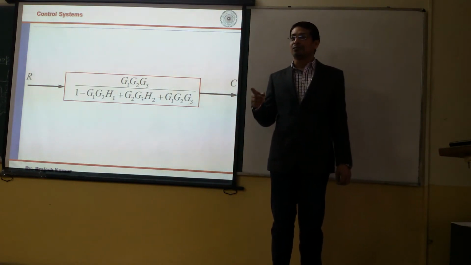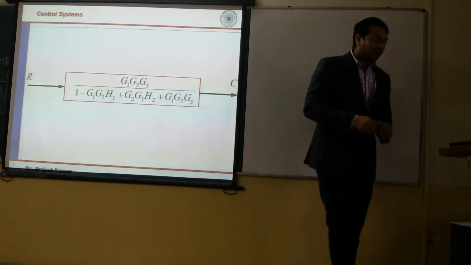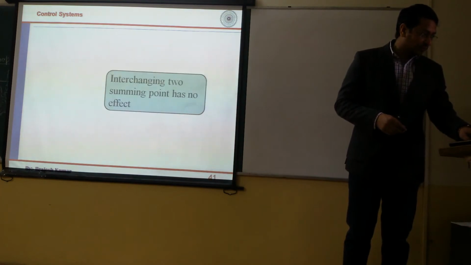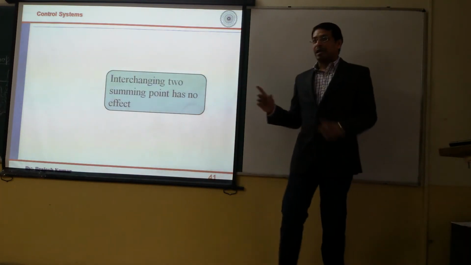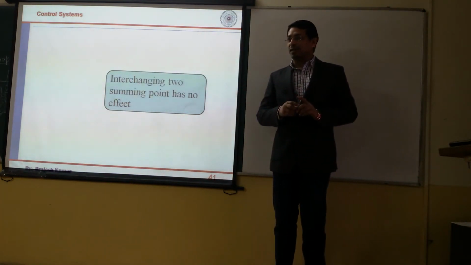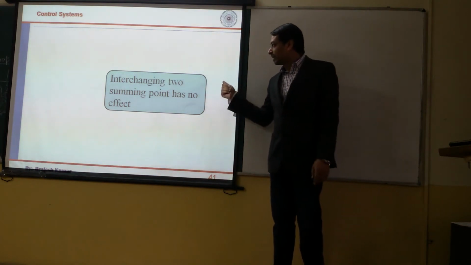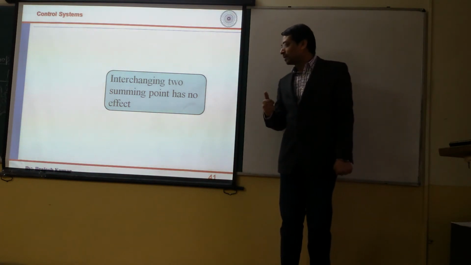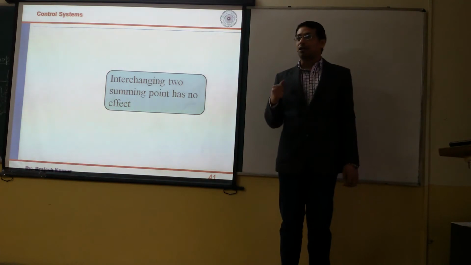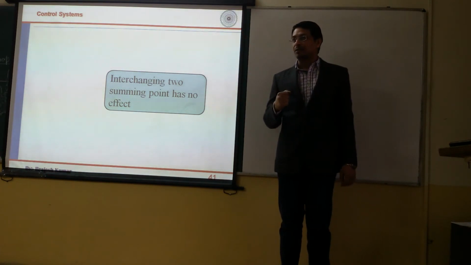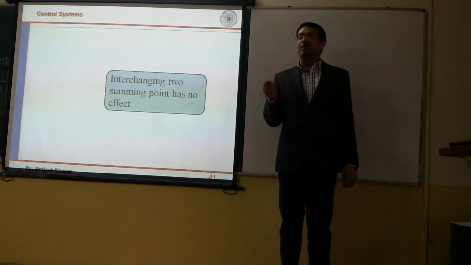Correct? Okay. So now let us start. I am formulating it as a concept so that you can remember. Interchanging two summing points has no effect on the analysis of the system. Here it was easier because you worked on the take-off point and changed its position.